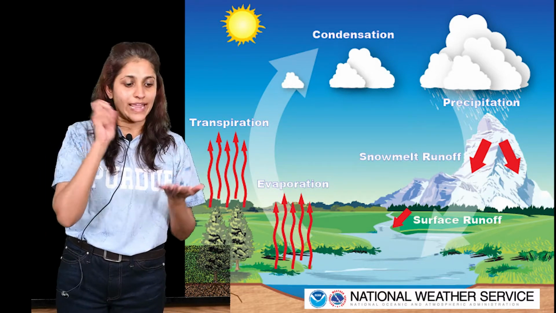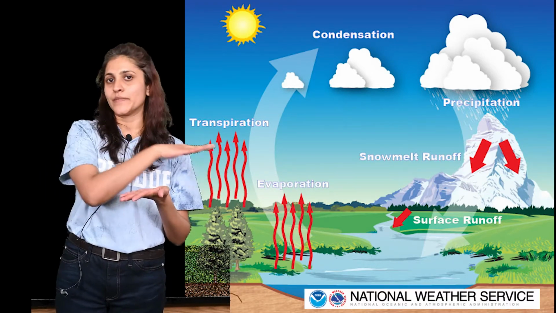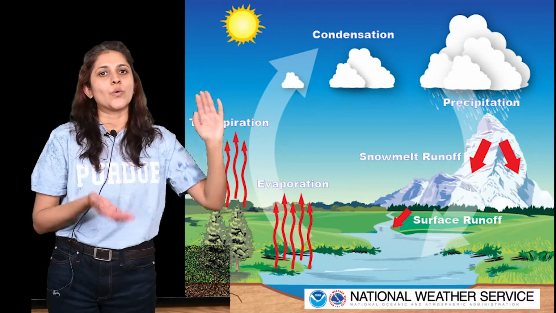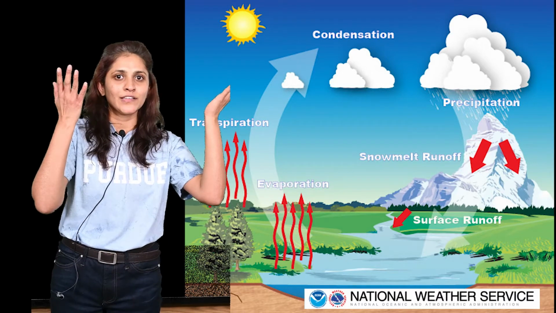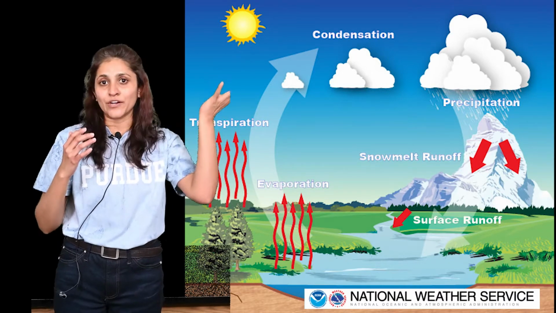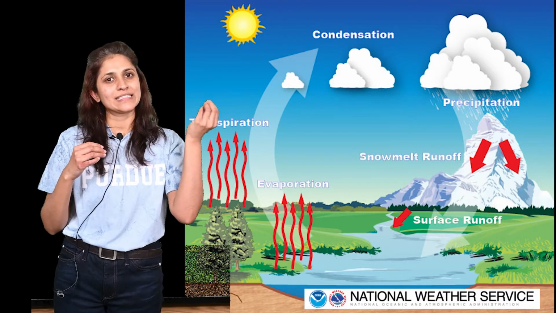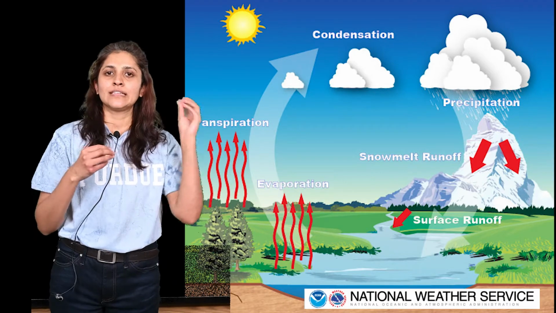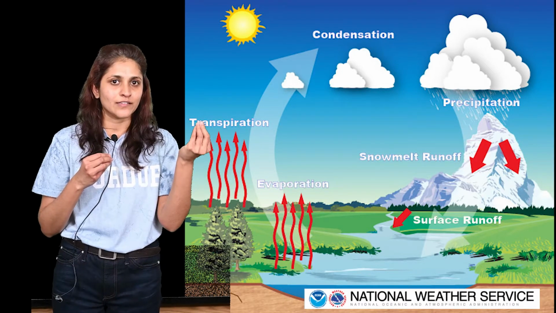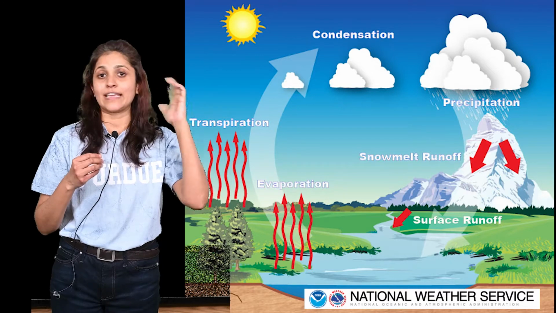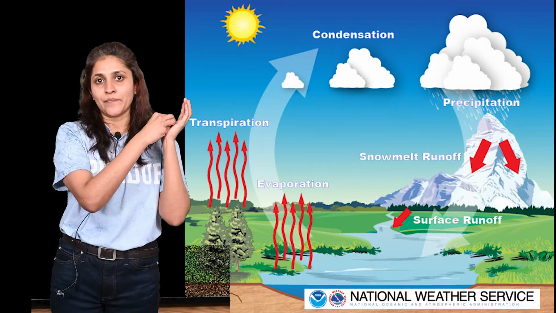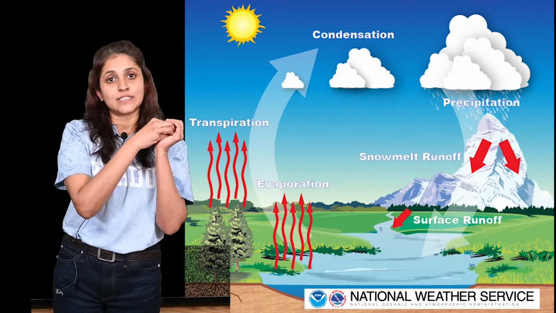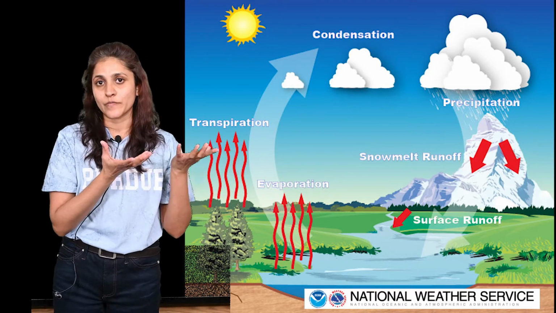The sun's energy picks up the water from the water surfaces and takes it up into the atmosphere. Once this air rises up and gets heavier, the water vapor tends to find dust particles and other smaller particles in the atmosphere. They tend to stick to them. When the water vapor sticks to those dust particles, that's how the clouds are formed.